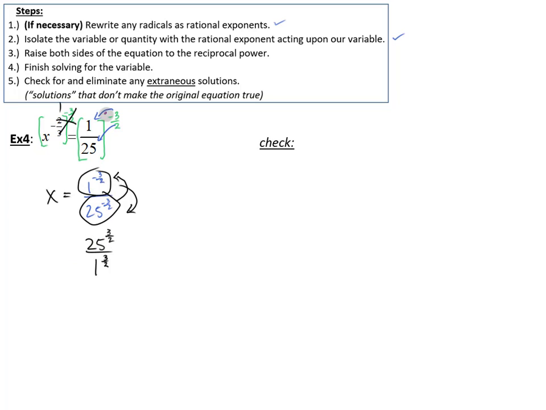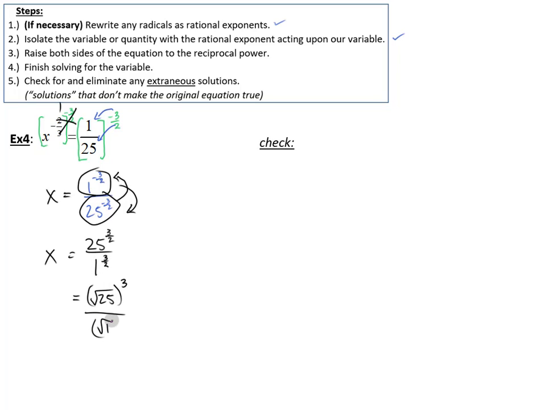So when you're raising a side to a negative exponent, we end up getting the reciprocal of our fraction. 25 ends up on top, 1 ends up on bottom, and then we need to raise each of those to this fraction power. So remember, this tells us the root. We're taking the second root or square root of 25, and the number up top tells us the power, and cube it.